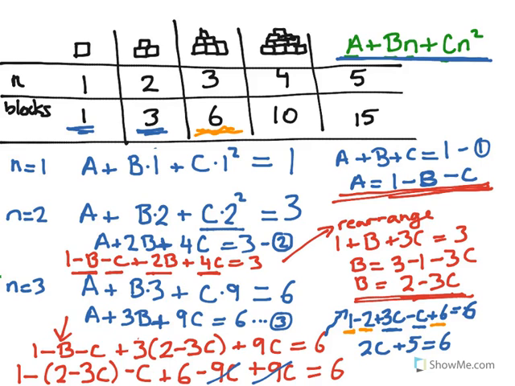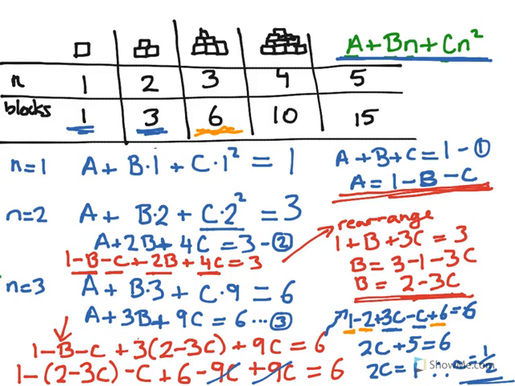So now we can rearrange this equation to get what 1c is. Well, we know that 2c is going to be 6 minus 5, which is going to be 1. So if 2 lots of c is 1, c is going to be 1/2. So now we have an answer for c. As soon as we get an answer for c, we know that c equals 1/2. We can put it back into this equation.